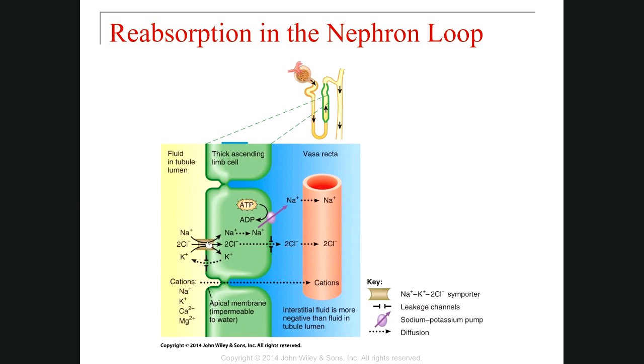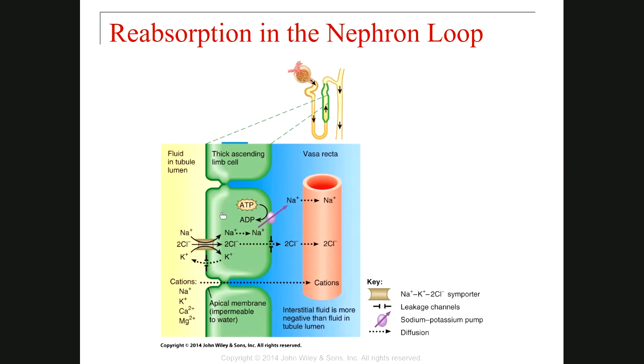This symporter helps reabsorption of one sodium ion and one potassium ion. Sodium and potassium, both of them are positive ions. So after this positive ion reabsorption, we need to have two chloride, which is negative. So two chloride ions become reabsorbed. They come into the cells.